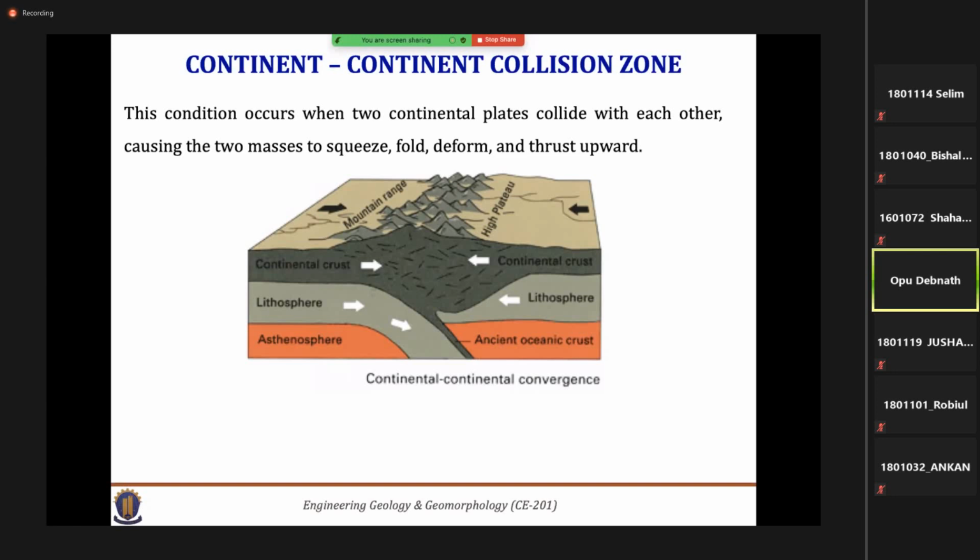Due to this pressure or converging force, the overlying layers are thrust upwards, and this upward undulation is visible as a mountain. Most mountain ranges are created due to continent collision.